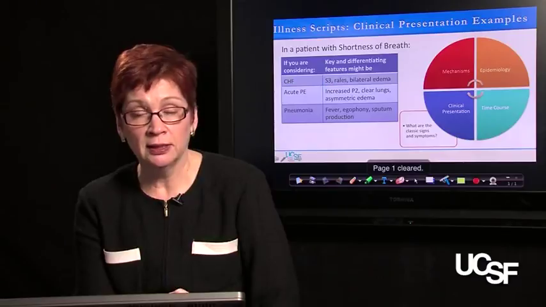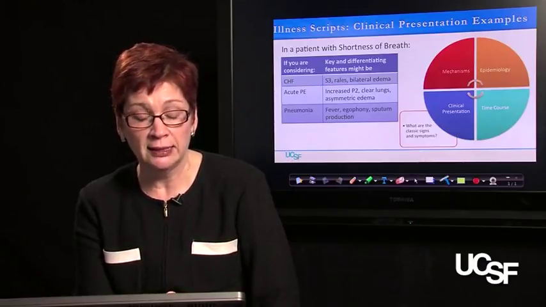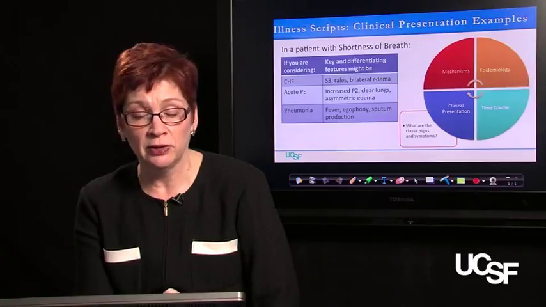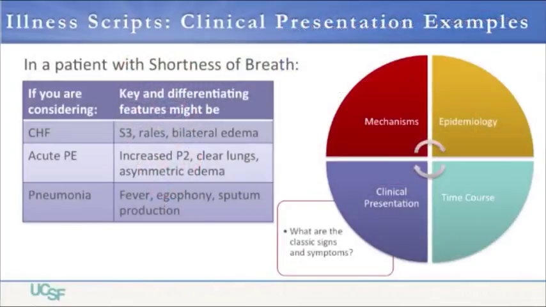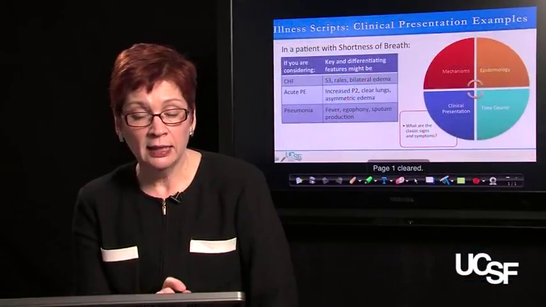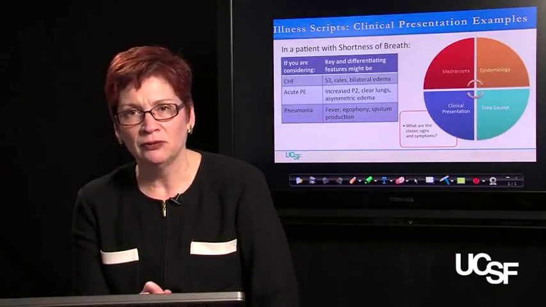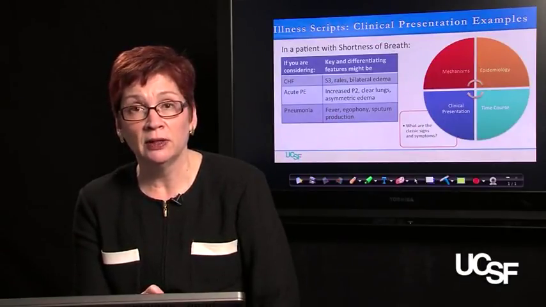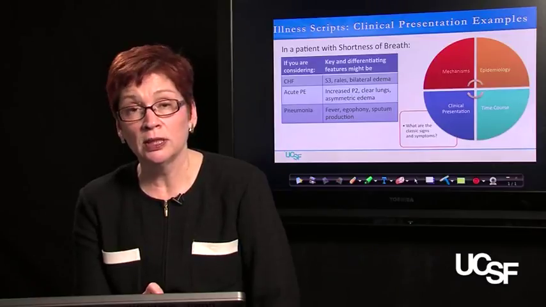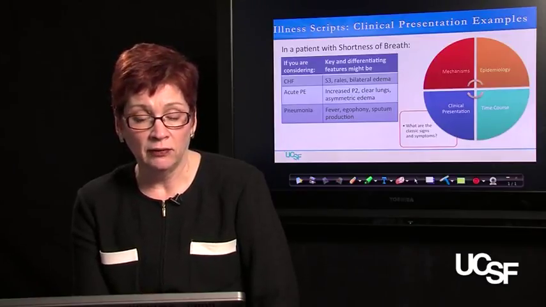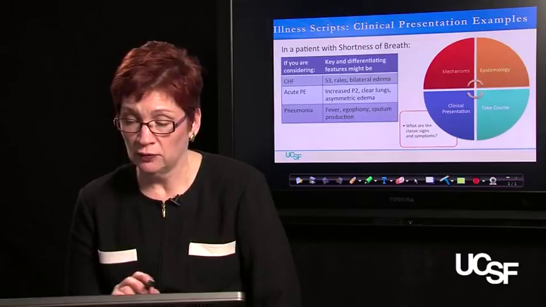In contrast, if we're considering in a patient with shortness of breath the diseases of heart failure, pneumonia, and pulmonary embolus, and we're accessing all of those illness scripts, we'd recognize that rales might be present in both heart failure and classically in pneumonia. So that's a differentiating feature. And in each of these situations, each of these diseases will have key features and differentiating features that allow you in a given patient to increase or decrease the likelihood of pneumonia over pulmonary embolus over congestive heart failure.